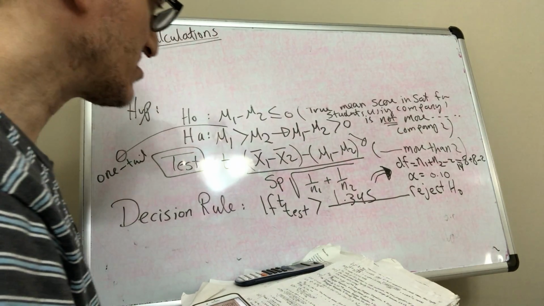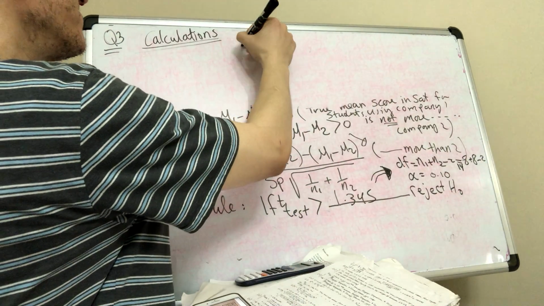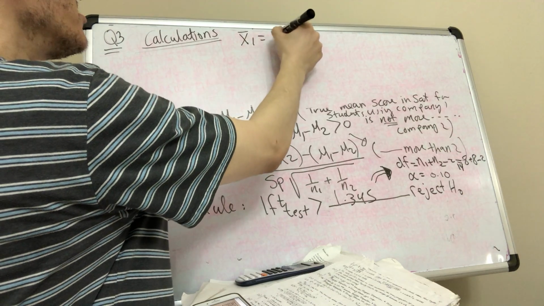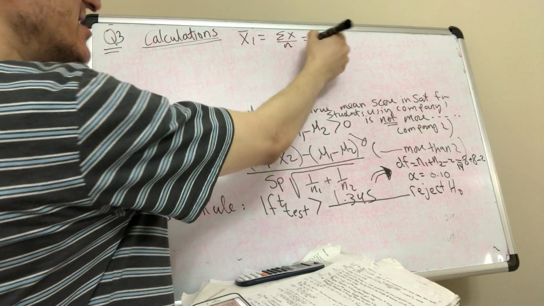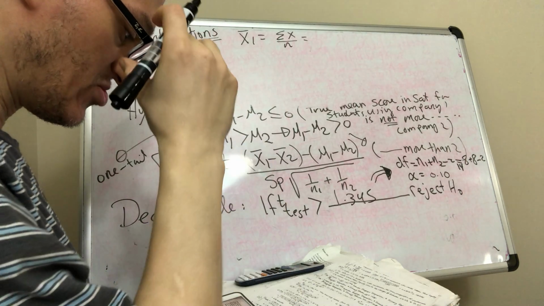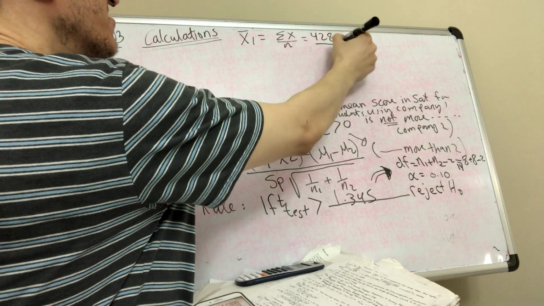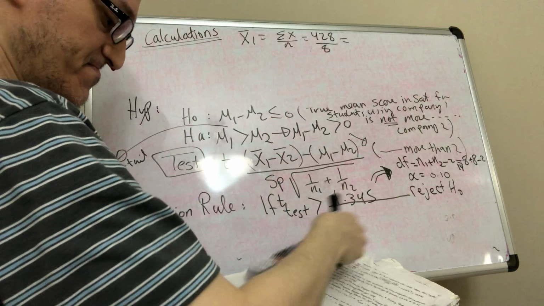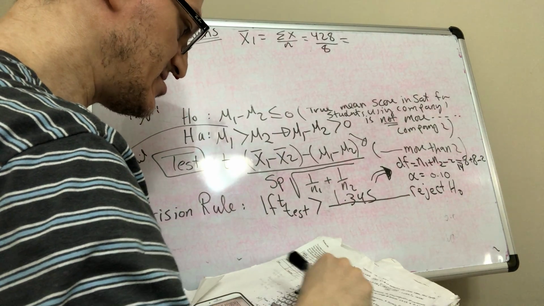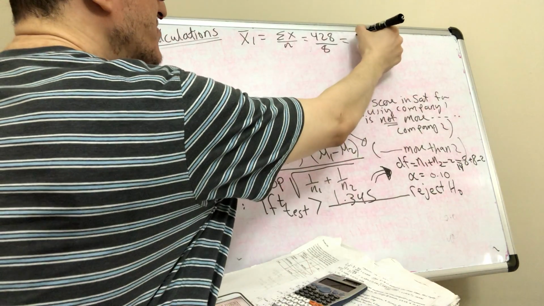Now, to do the calculations, you need the average of company 1. We can use the sum over n. They give you in the actual question, for company 1, the sum is 428, and there are 8 students. So 428 over 8, 53 and a half.